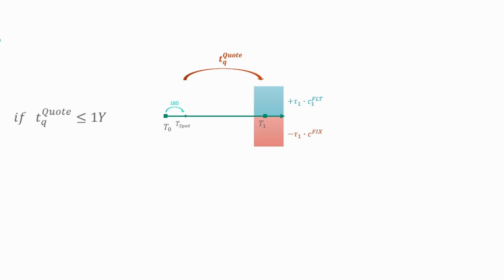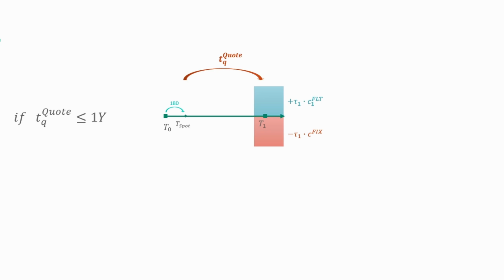On the fixed leg, in red, it's a cash flow equal to the swap rate times the accrual period, the swap rate being the rate directly from the quote. On the floating leg, in blue, the cash flow is equal to the float rate times the accrual period, and we will show you how to calculate the float rate in a minute. Now, in practice, there's not one party paying the fixed rate and the other party paying the float rate.